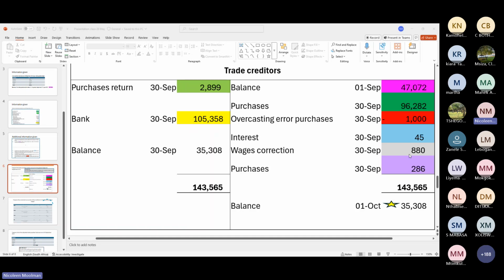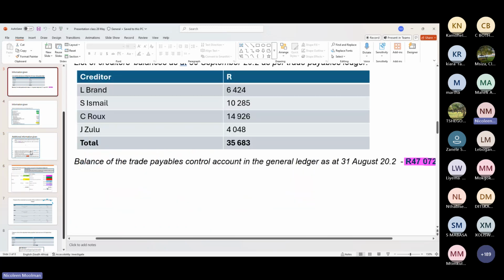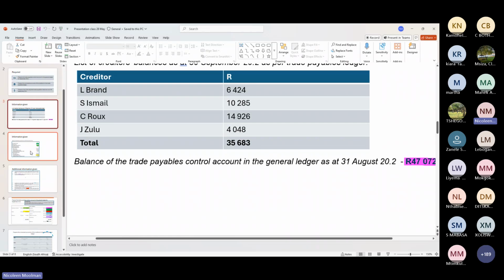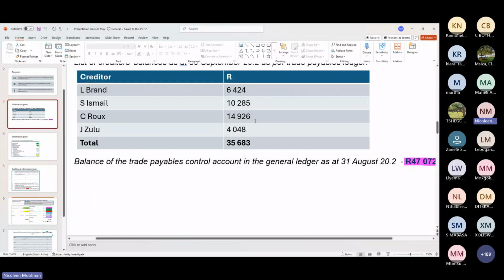And then I see, why are we saying Cru didn't have adjustments, whereas at the beginning there was additional info. At the beginning, it was 19,426. Just want to see that. Sorry, I'm seeing 14,926. I don't know where I have it wrong. According to the trade payables ledger, the correct balance on Cru's account is 14,926. So I think the listing probably had the wrong number in.